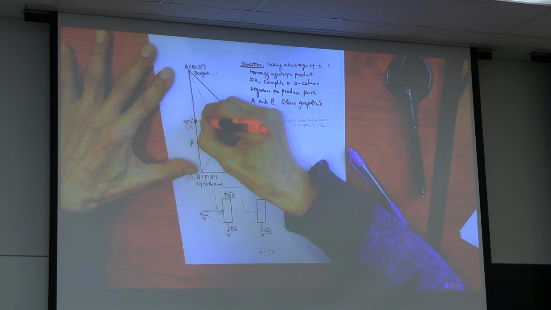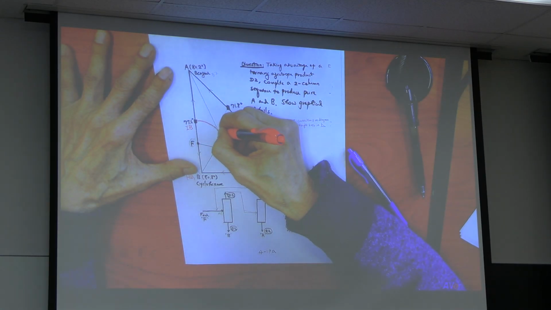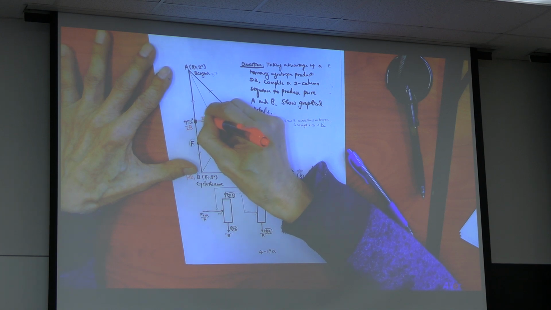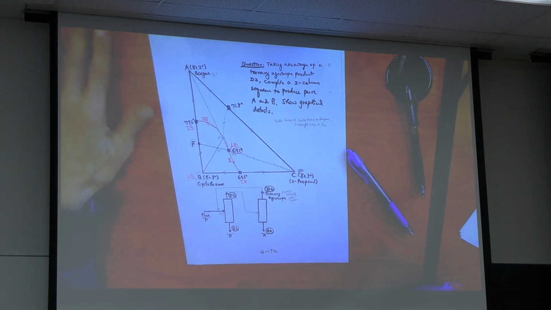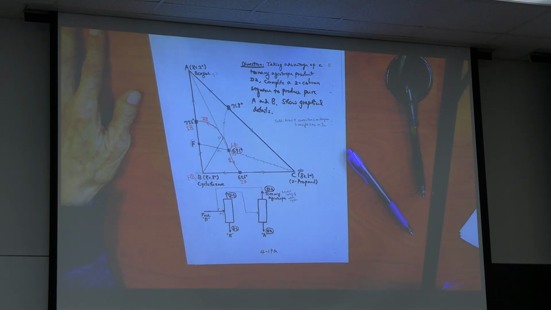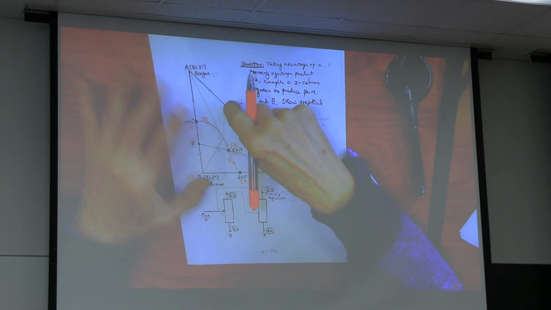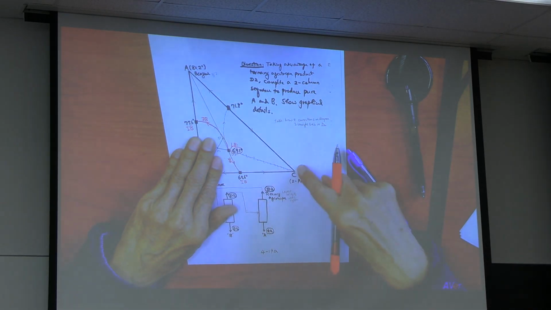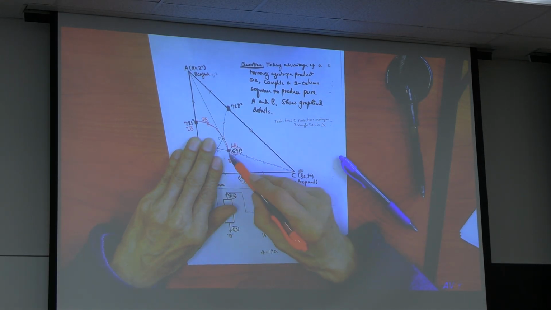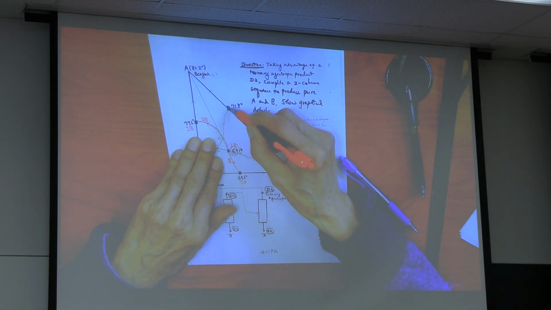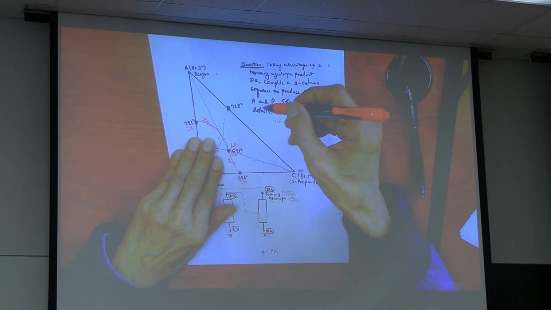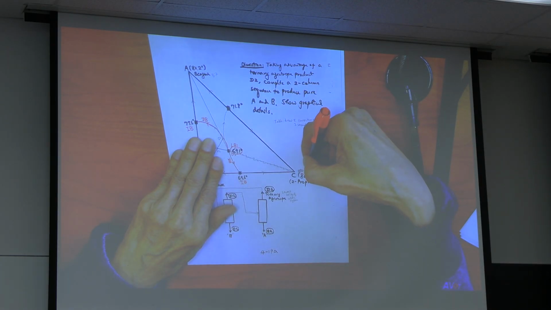So, the distillation boundary is curved. How about this one? In this region, 69.1, 71.8, 80.2.